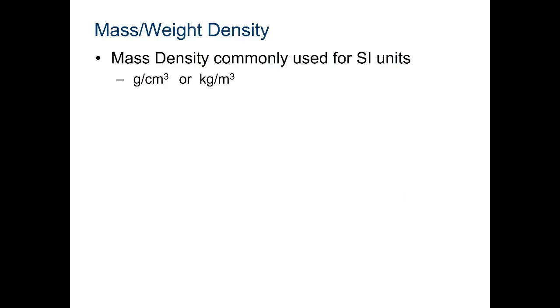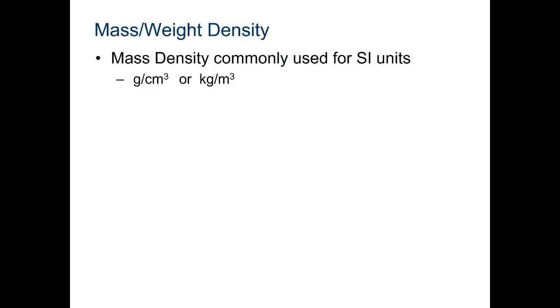When we talk about System International, there are two units, and I'm going to throw a third one in. It's grams per cubic centimeter or kilograms per cubic meter. Keep in mind a cubic centimeter and a cubic meter are very, very different. A cubic centimeter is 1 centimeter in every direction, a little cube like that.